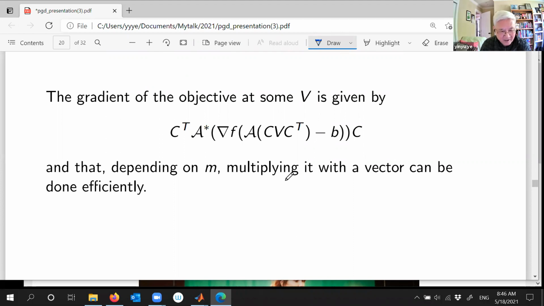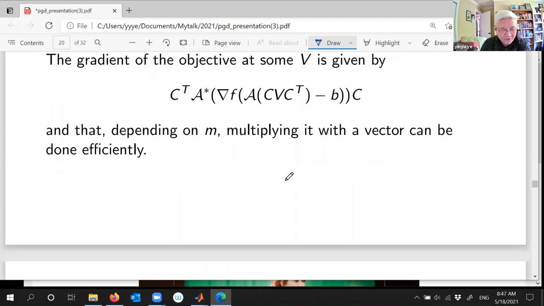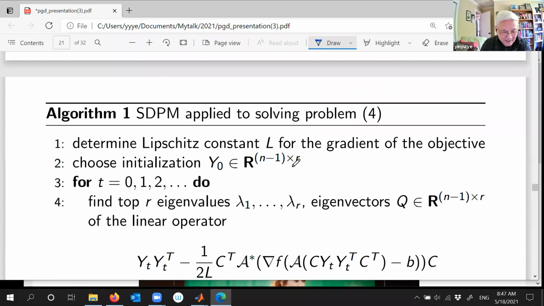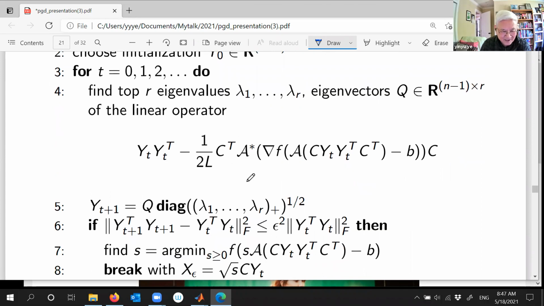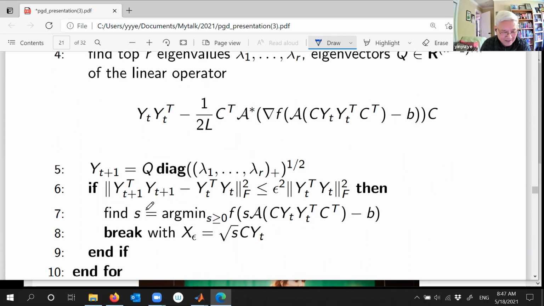That not only makes the projection come back to the feasible set, but also saves a lot of computation, especially a lot of storage, because instead of keeping the full symmetric matrix, we only keep the matrix in product form with rank no more than R. So this is the algorithm: you only factorize R eigenvalues and eigenvectors, and you only need to do this projection back.